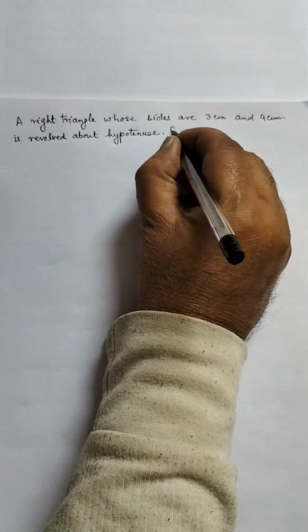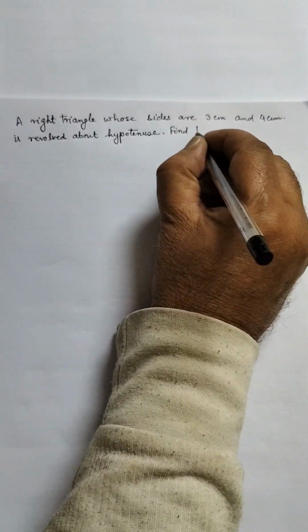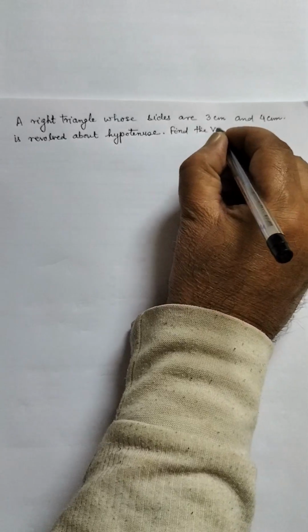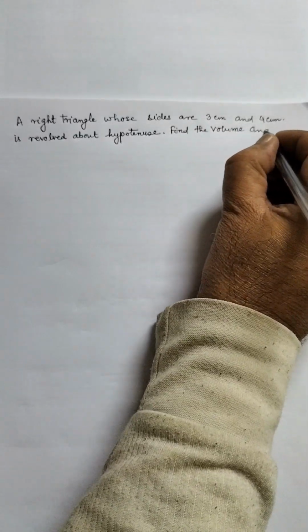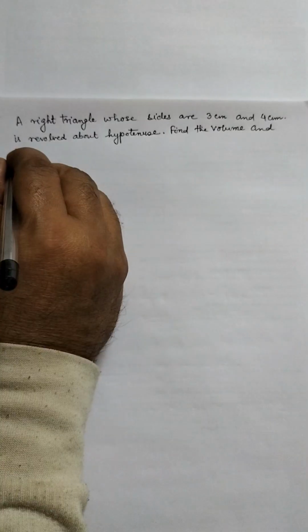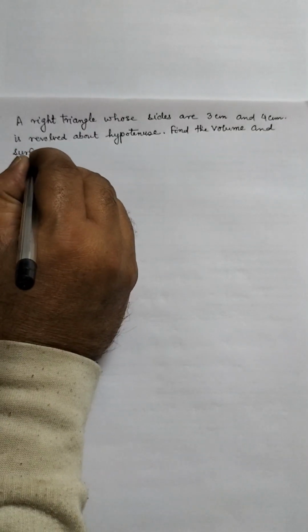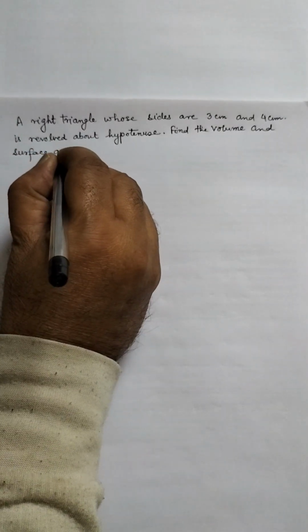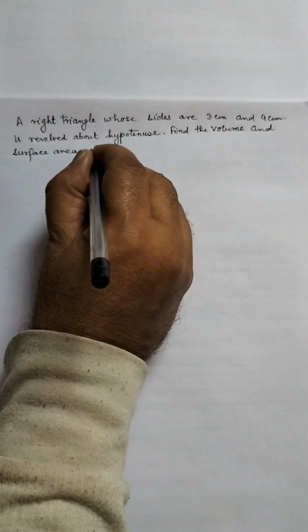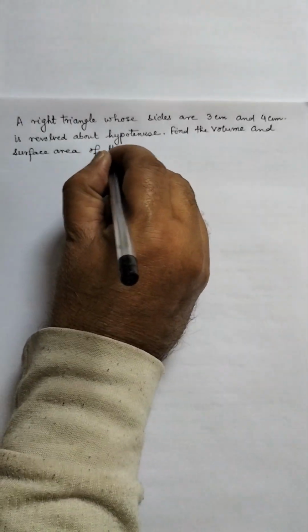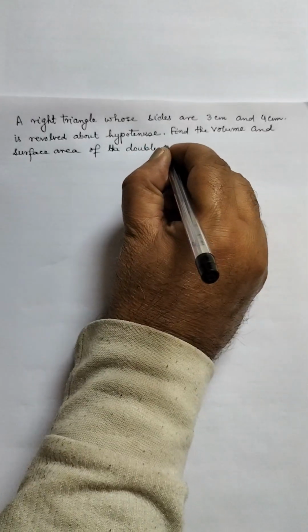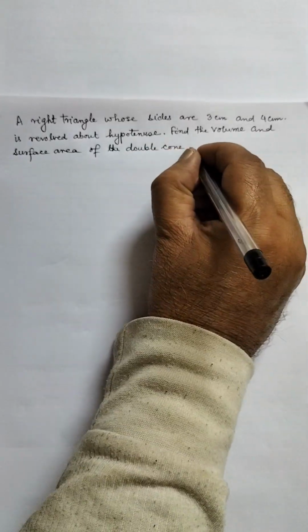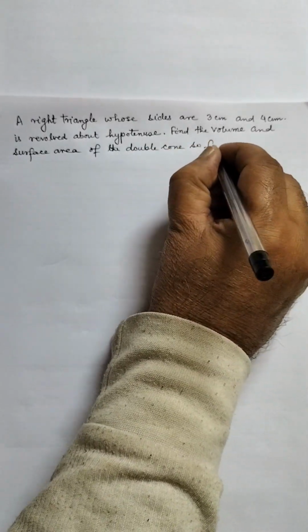Find the volume and surface area of the double cone so formed.